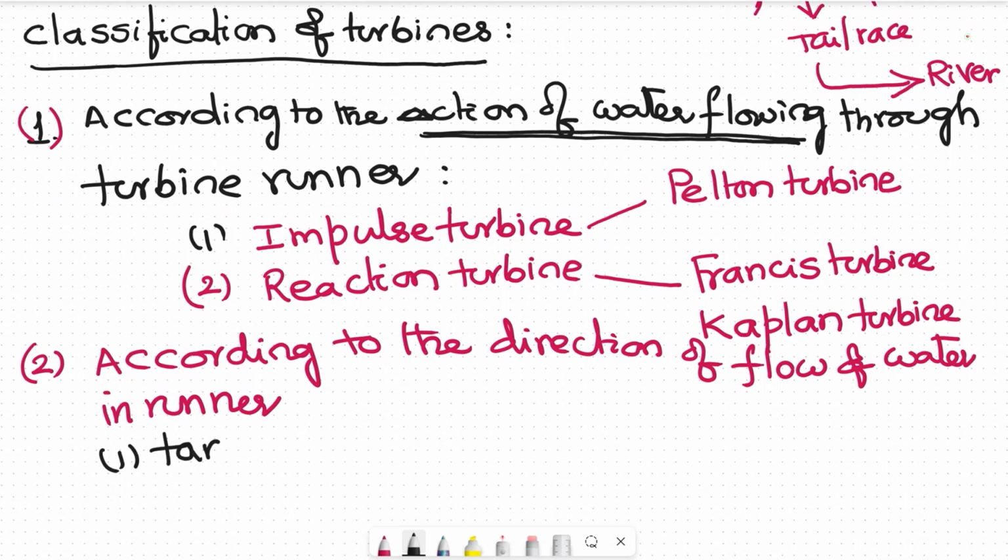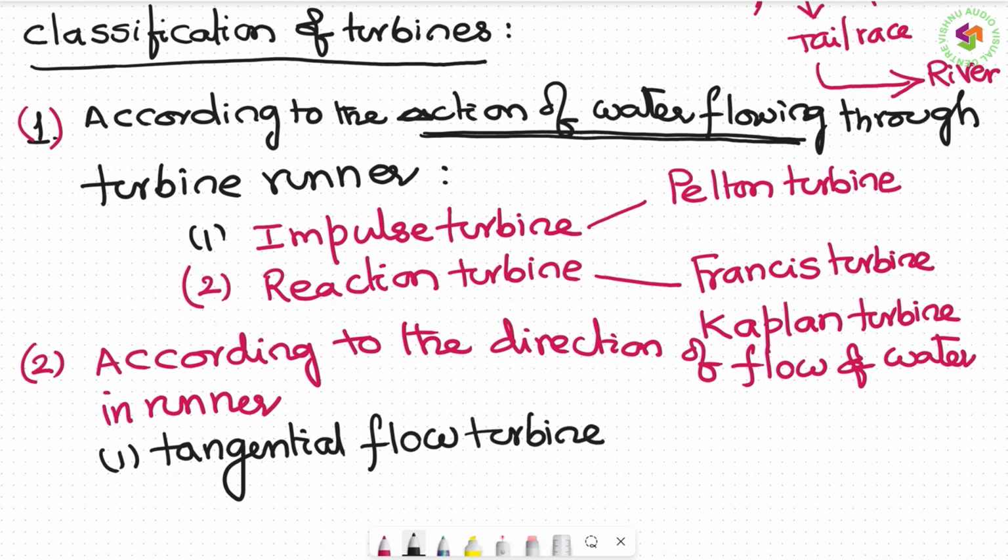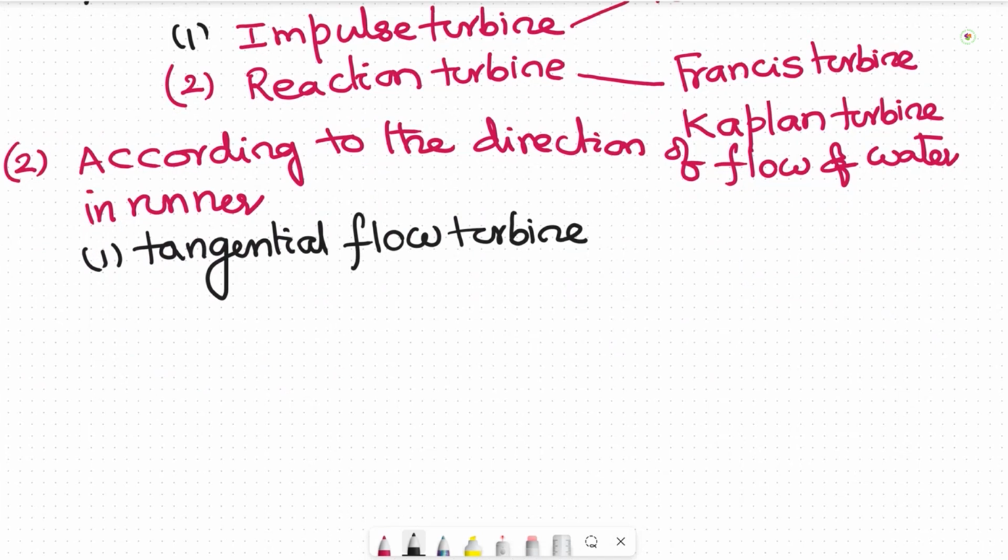Tangential flow turbine, first one. I will explain what it is. You also understand tangential: the flow is tangential to the runner, at the same distance from the center of the runner. If you draw a tangent on the periphery, the flow direction is tangential to it. And the example is the Pelton turbine.